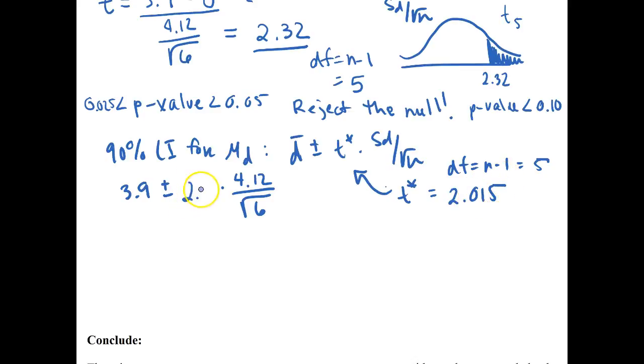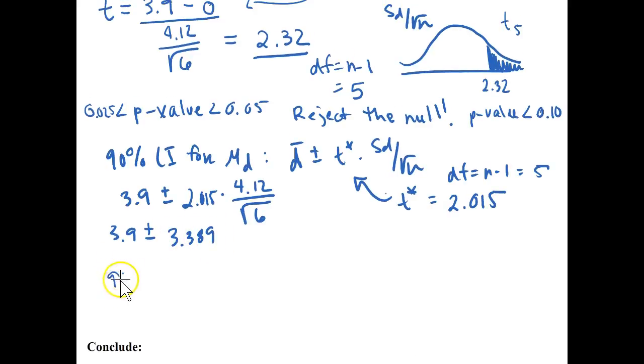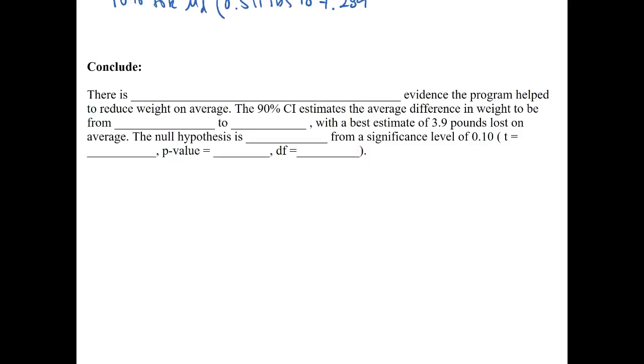So if we plug that into our calculation for the confidence interval, we get 3.9 plus or minus a margin of error. So 2.015 times 4.12 divided by the square root of 6 will give us a margin of error of 3.389. So our 90% confidence interval for mu d is then equal to 0.511 pounds to 7.289 pounds.